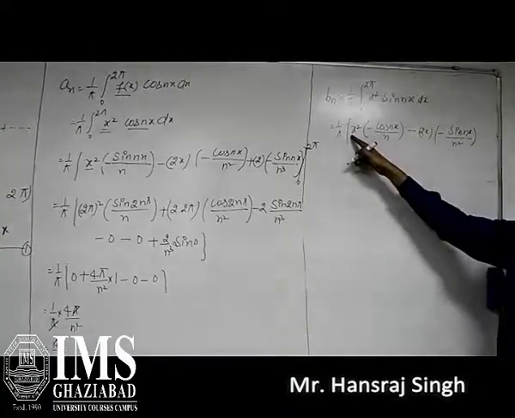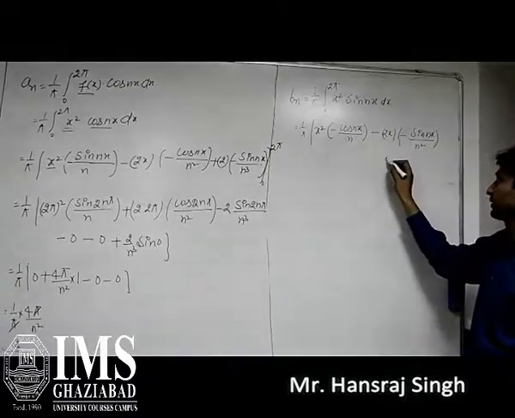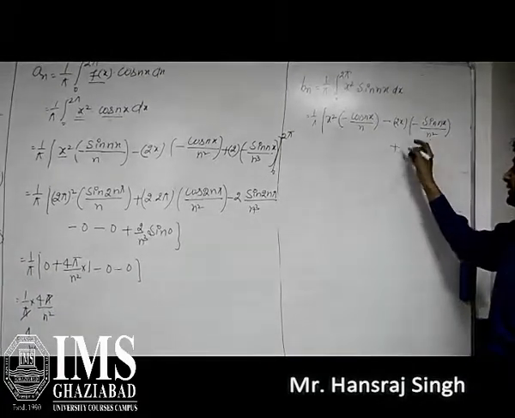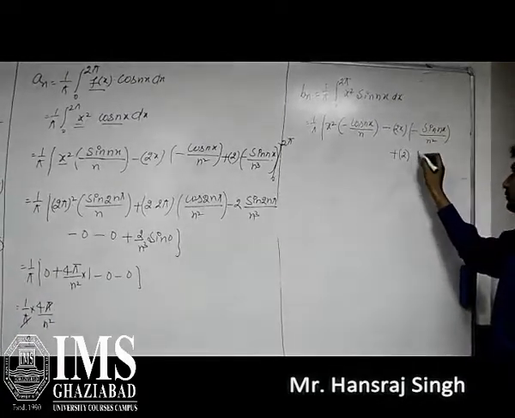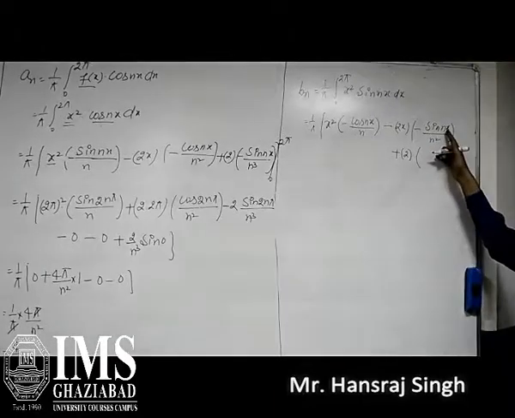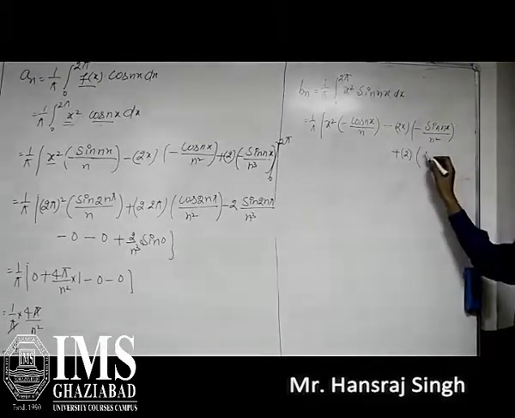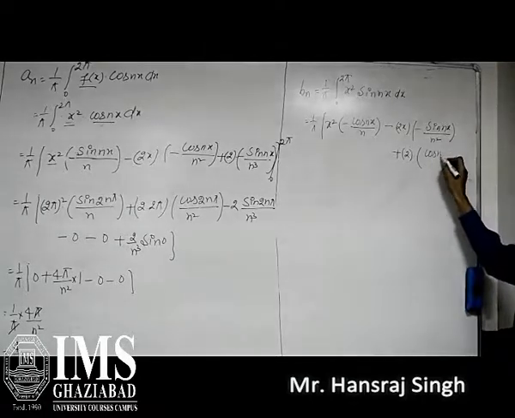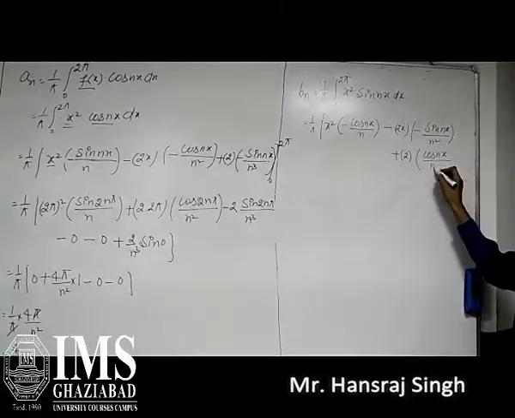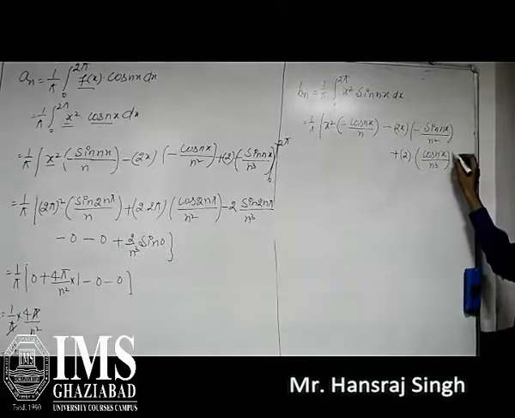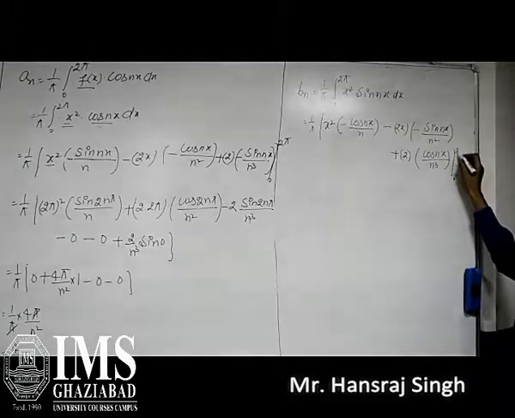And as you know, first positive, second negative, so the third term is positive. The differentiation of 2x is simply 2, and the integration of sine is minus cos. Minus is already there, so minus minus plus, so this term is cos nx upon n cube, and their entire limit is 0 to 2 pi.